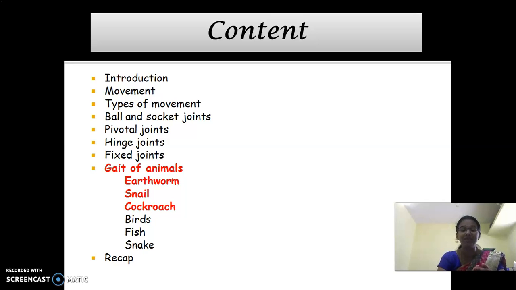In that question, you need to write everything about skull, pelvic bone, shoulder, rib cage, carpals, and one more thing, backbone. Clear, children? Take your notes, write today's date, and start the session.